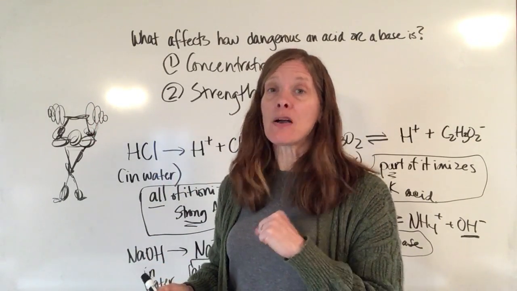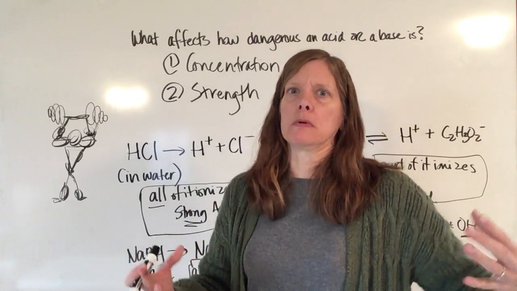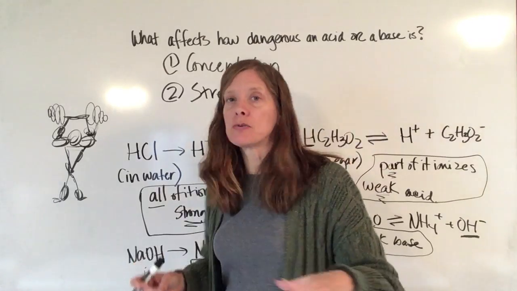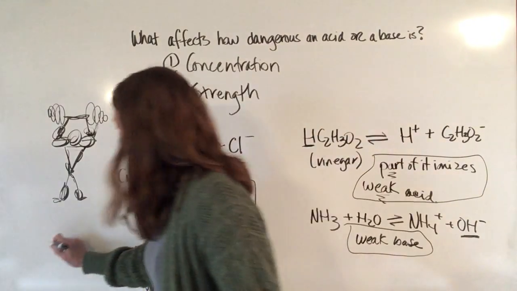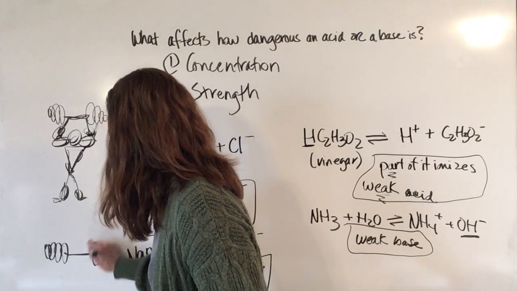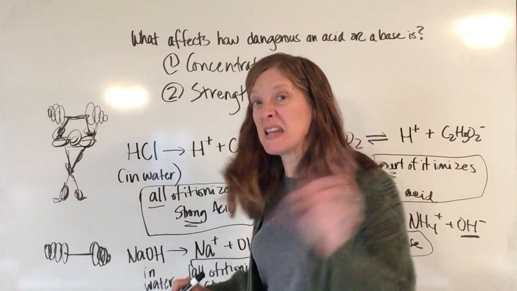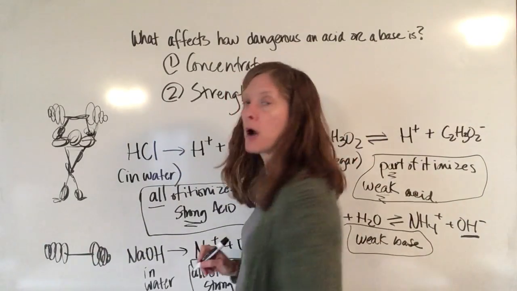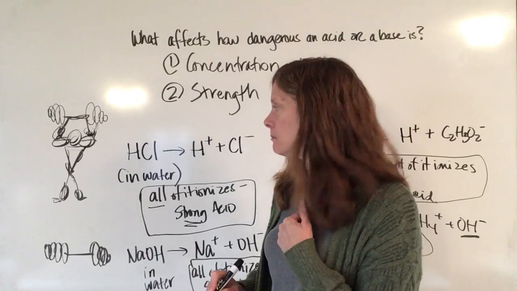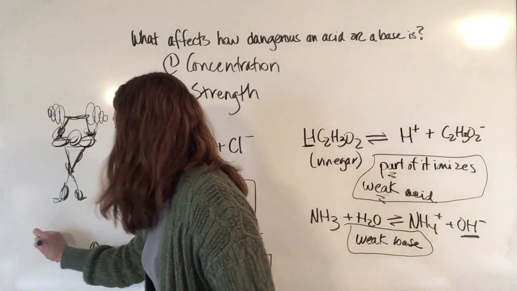Now, we have almost like a weight room set up in our basement, and if I go down there to clean stuff up, and if they happen to leave this big barbell sitting on the floor, which they normally don't, they're really good at cleaning up after themselves, but if they did, and I'm going to try to move that, what's going to happen? Well, this is going to be me.